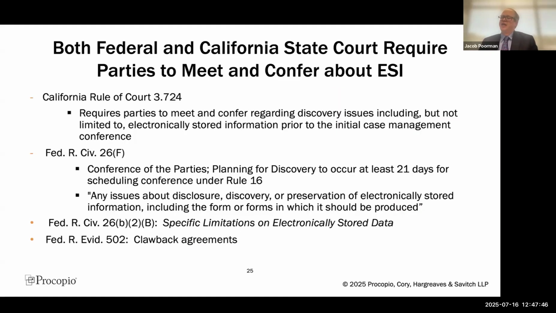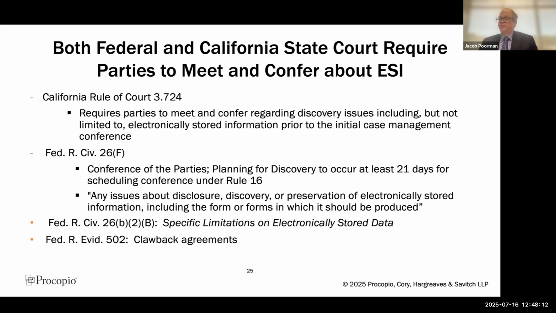Moreover, both federal and California state law require parties to meet and confer regarding the discovery of ESI. Among other things, the parties are required to discuss the sources, scope, and type of ESI that has been and will be preserved, considering the needs of the case and other proportionality factors, including date ranges, identity, title, and number of potential custodians, and other details that help clarify the scope of preservation.